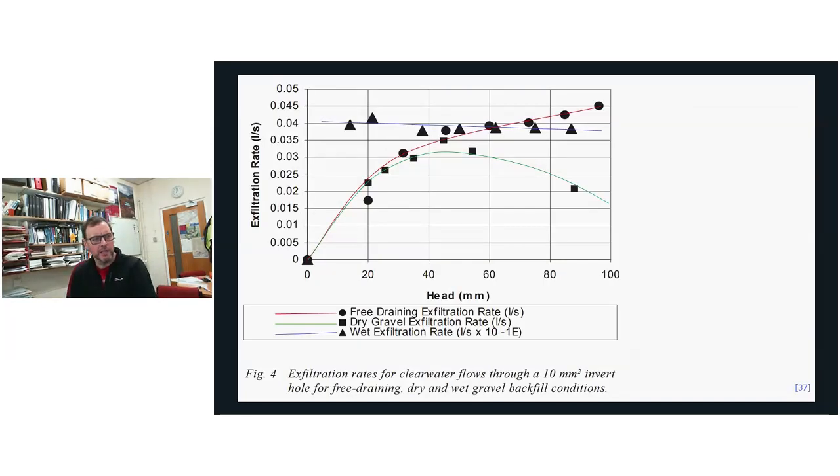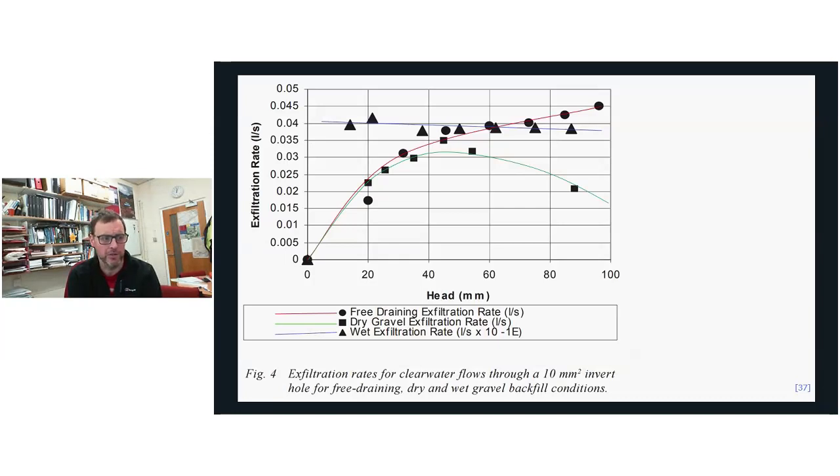So this data is from an experimental setup looking at exfiltration under three scenarios. So free draining exfiltration rate, so that's a pipe just with a hole in it. And then with dry gravel exfiltration rate, so that's a pipe with a hole in it and there's dry gravel at the other side of the hole.